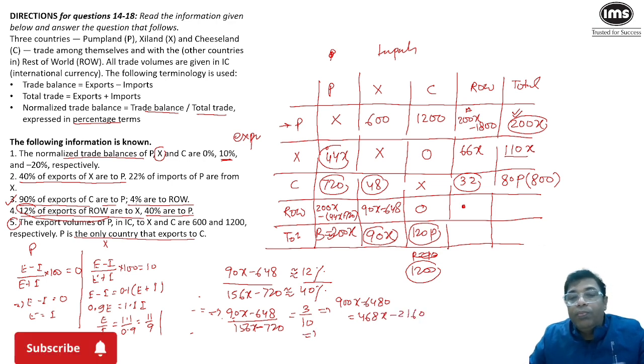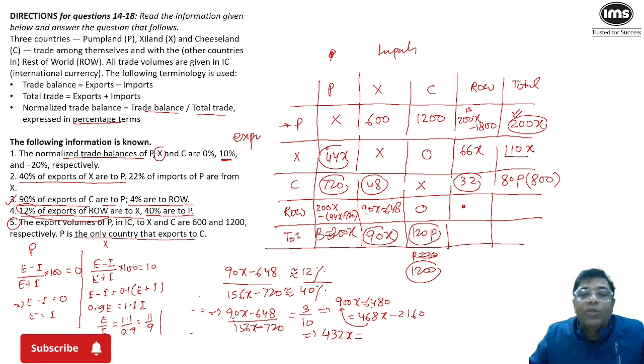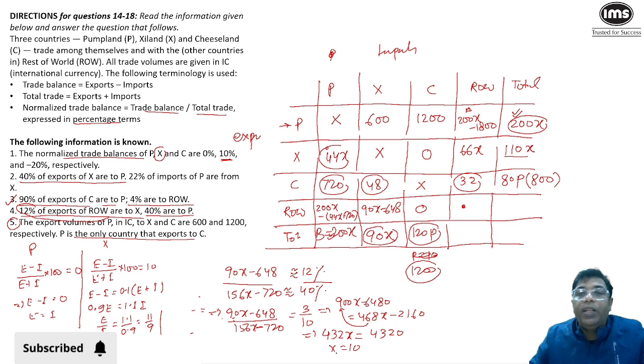Now you bring x over here, this expression over here and this value over here. 900x minus 468x will become 432x, which should be equal to, if you subtract 2160 from 6480, you get how much? 4320. Now here we can get the value of x to be 10.